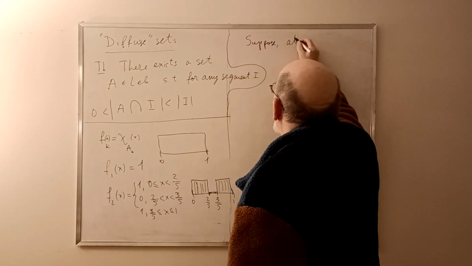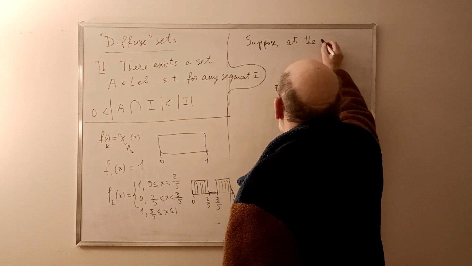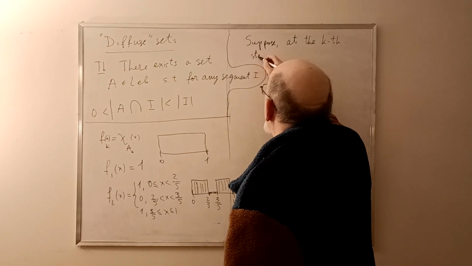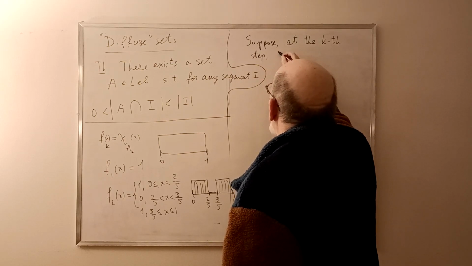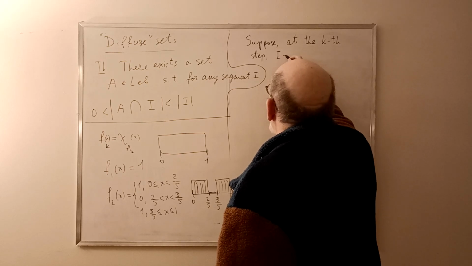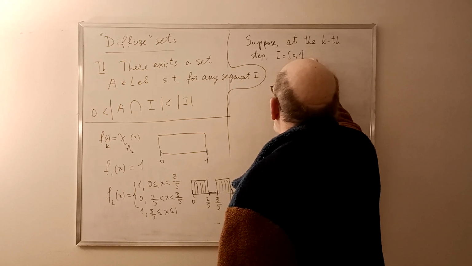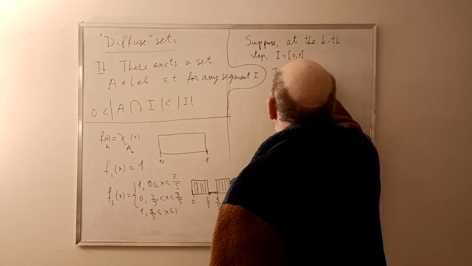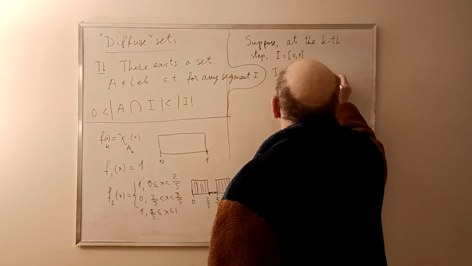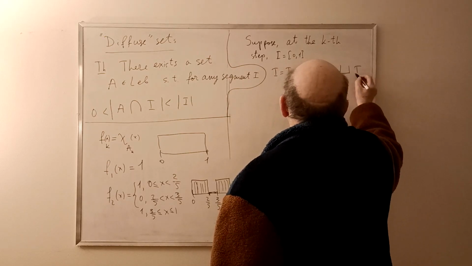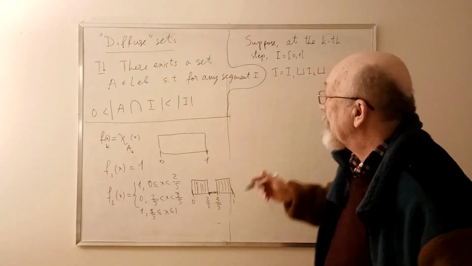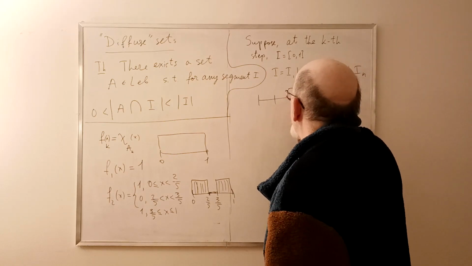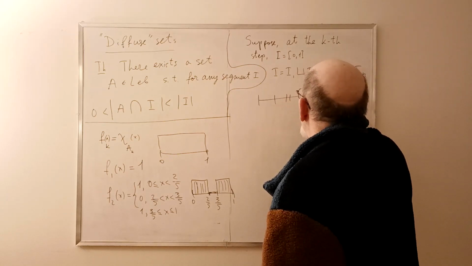Suppose at the kth step, the segment I equals [0, 1] is split into I1, I2, and so on, In, with n depending on k. They can be of different lengths.